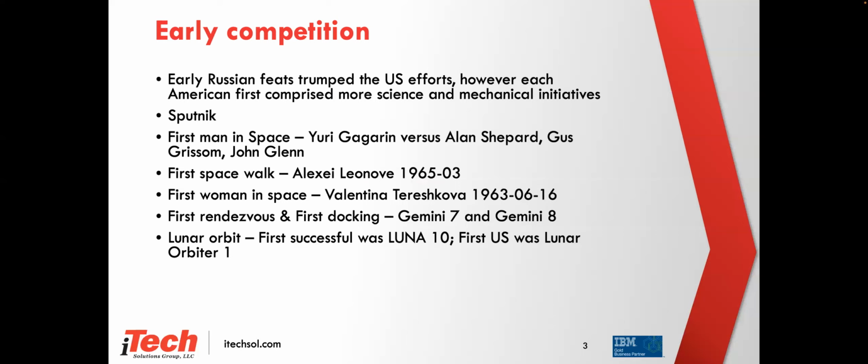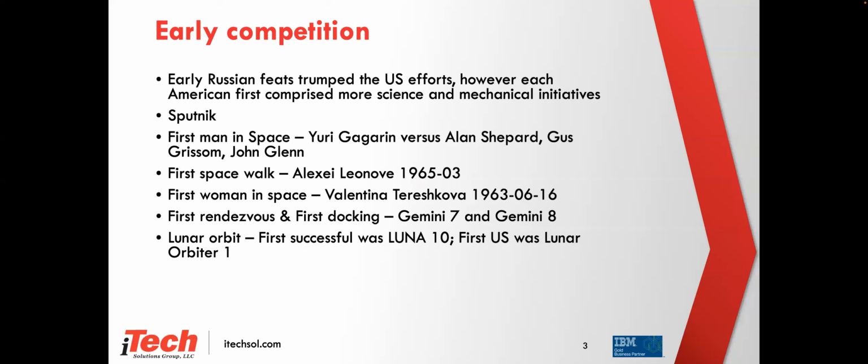So the first spacewalk was Alexei Leonov in 1965. First woman in space, which I, of course, think is tremendously awesome. First woman in space was Valentina, I'm going to get the name wrong, in 1963. The Americans did not launch a woman until the 80s.